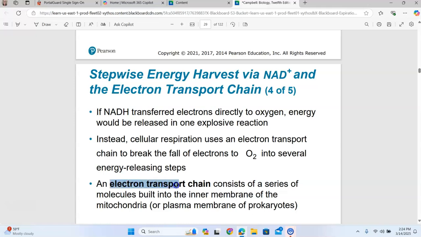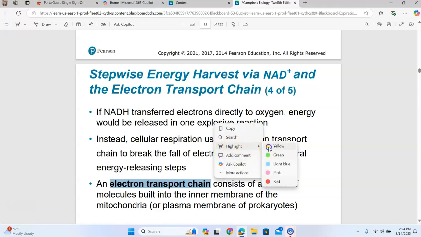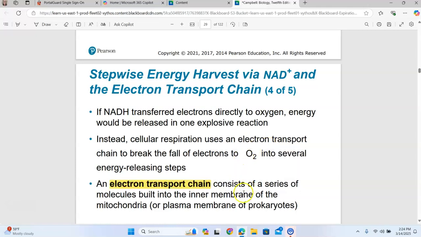Okay, so an electron transport chain, which is step 4 of cellular respiration, consists of a series of molecules built into the inside membrane of the mitochondria. And those molecules are going to pass the electron. The electron's going to move from molecule to molecule.